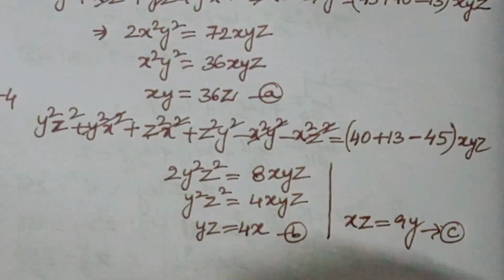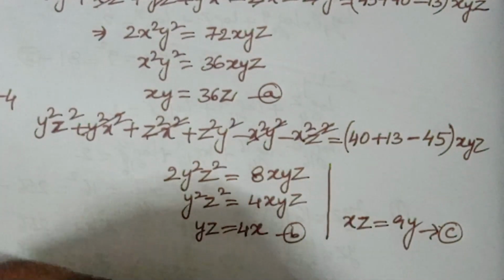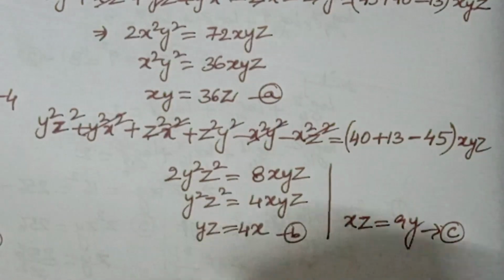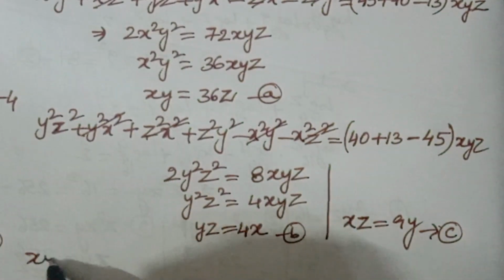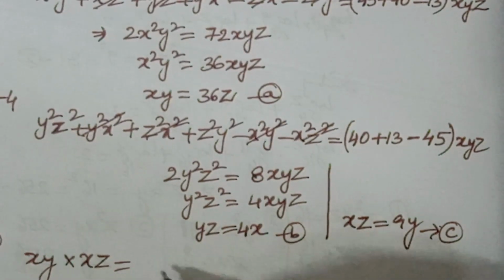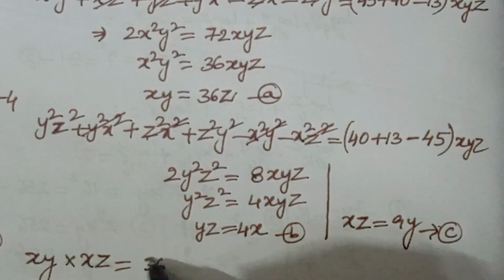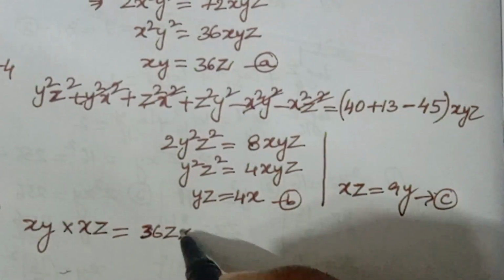Here a into c: xy into xz is equal to 36z into 9y.